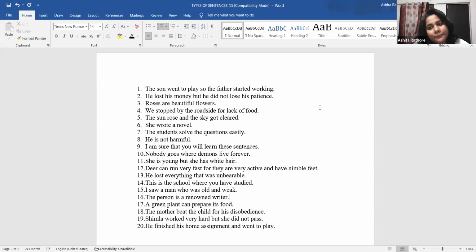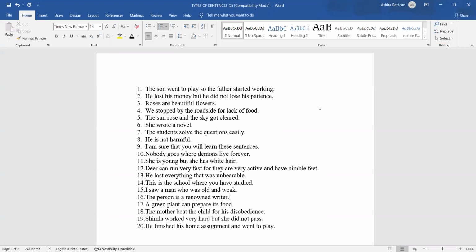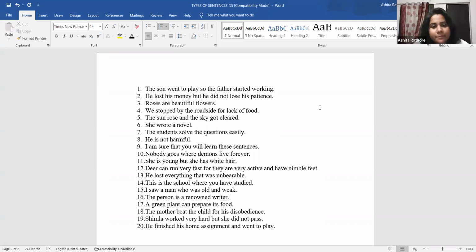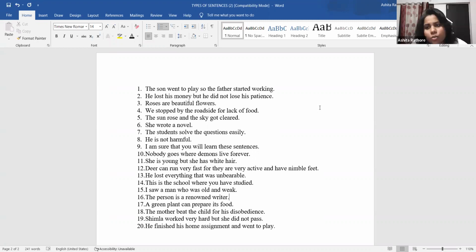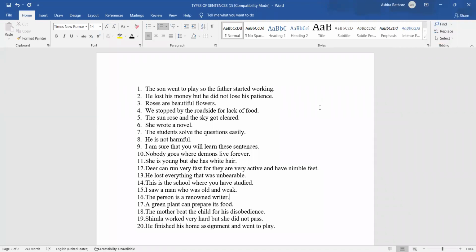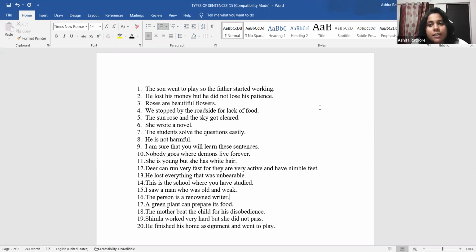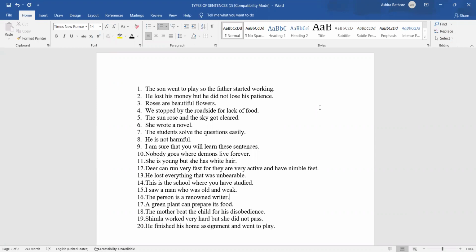Simple. नहीं आ रहा समझ में? ठीक है, देखो, the mother beat the child, ये तो तुमने मान लिया कि अगर for his disobedience नहीं भी लिखा होता तो भी सेंटेंस अपना मीनिंग बना रहा है. But when we are adding for his disobedience, क्या ये इंडिपेंडेंट क्लॉज है? नहीं. क्या ये डिपेंडेंट क्लॉज है?